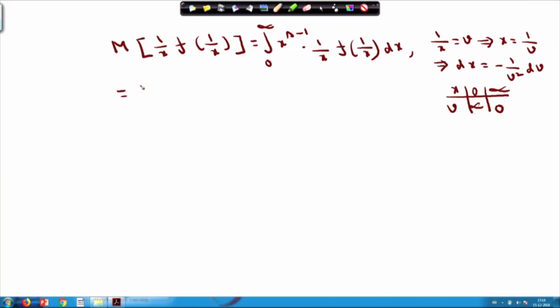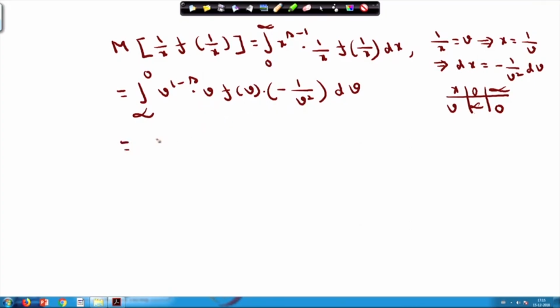So this equals the integral from infinity to 0 of v to the power 1 minus s into v into f of v, with dx being minus 1 by v square dv. So one v will be cancelled, and another v here also will be cancelled. The minus will come outside: minus the integral from infinity to 0 of v to the power minus s into f of v dv.